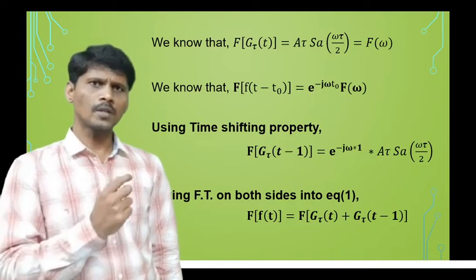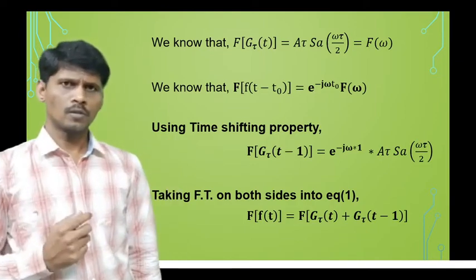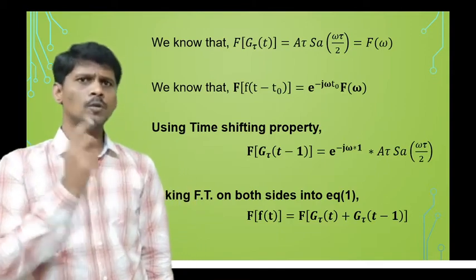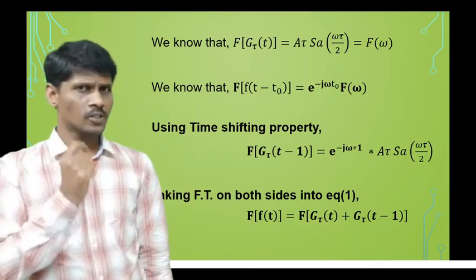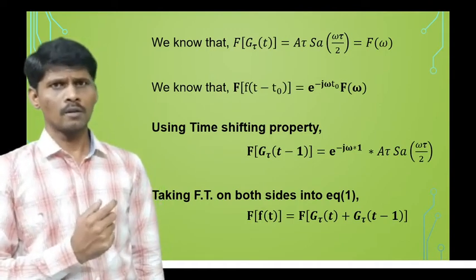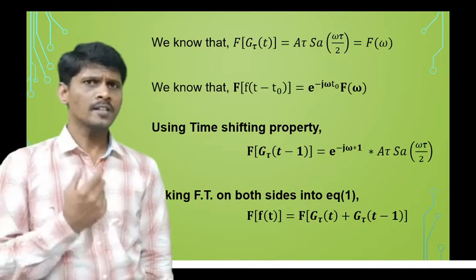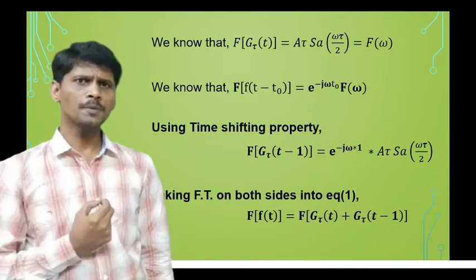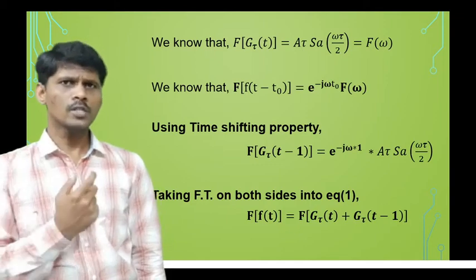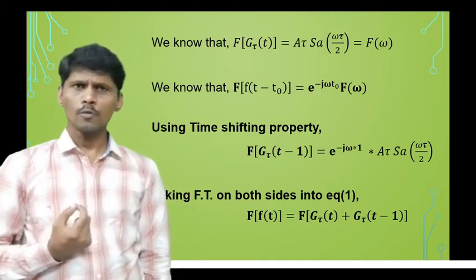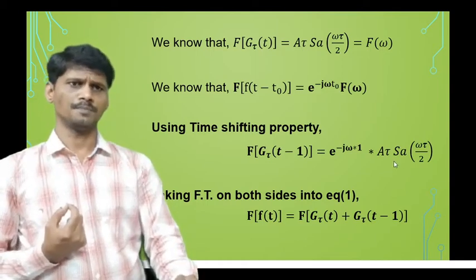Now applying the time shifting property to the gate function. First applying the time shifting property, what is the shifted amount? 1 second, so e power minus j omega into 1 into F of omega. What is F of omega here? The gate function will be shifted by 1 second, so it is the Fourier transform of the gate function, A tau sinc of omega tau by 2.